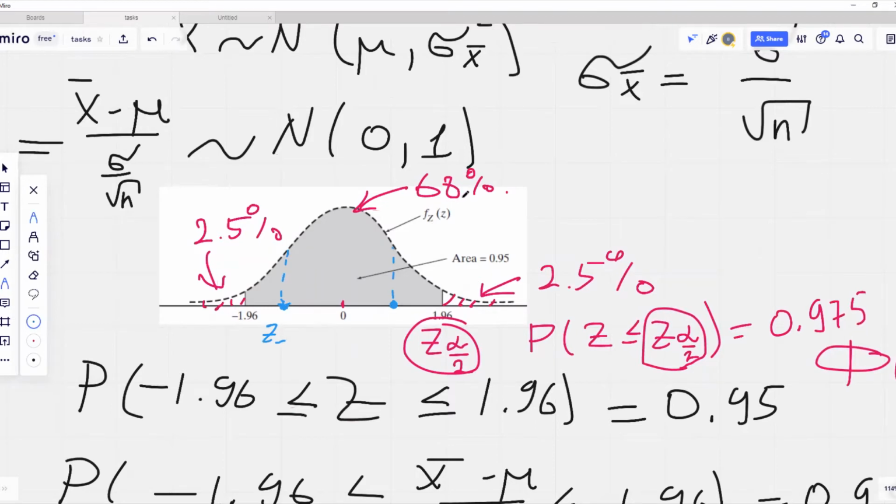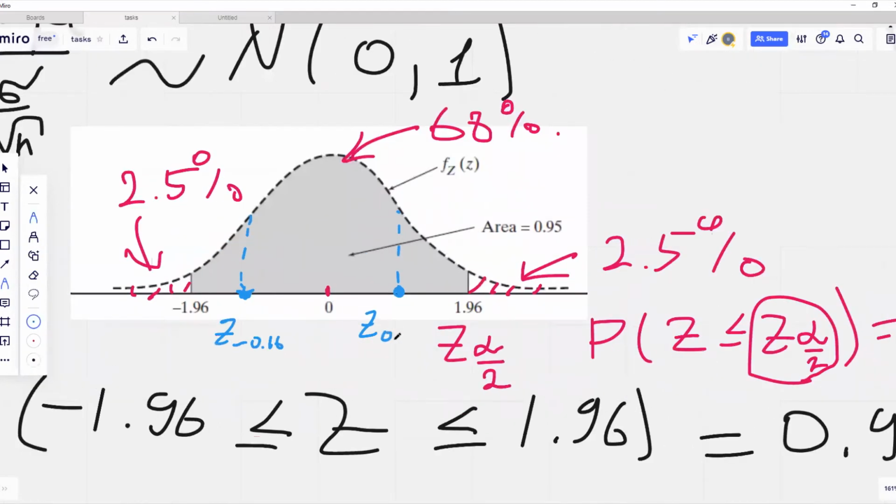Alpha is then equal to 32%, and 32 over 2 is 16, so 0.16. The positive value here is z subscript 0.16, such that we have 16% of area lying in the tails, in the left and right tails.